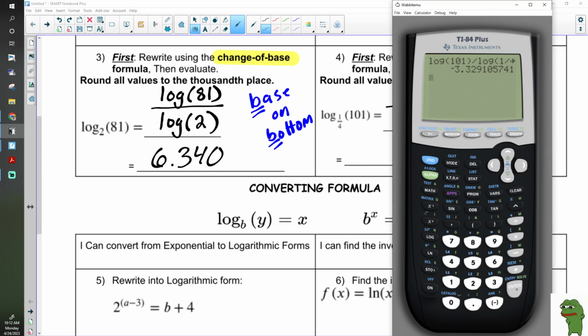Negative 3.329. Do we round up? No. Oh, yeah, we do. That's the last one of these calculator ones. So what happened? Yeah, the first one is just writing the total change. 3.330. Oh, okay.